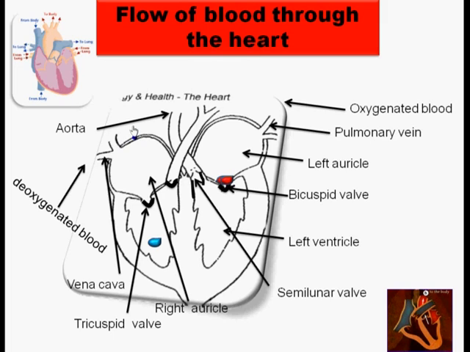So you notice now the blood is flowing in what? One direction. But my question to you, how many times has the blood entered the heart before returning to the lungs? Good, twice. And that is why it's called a double circulatory system.